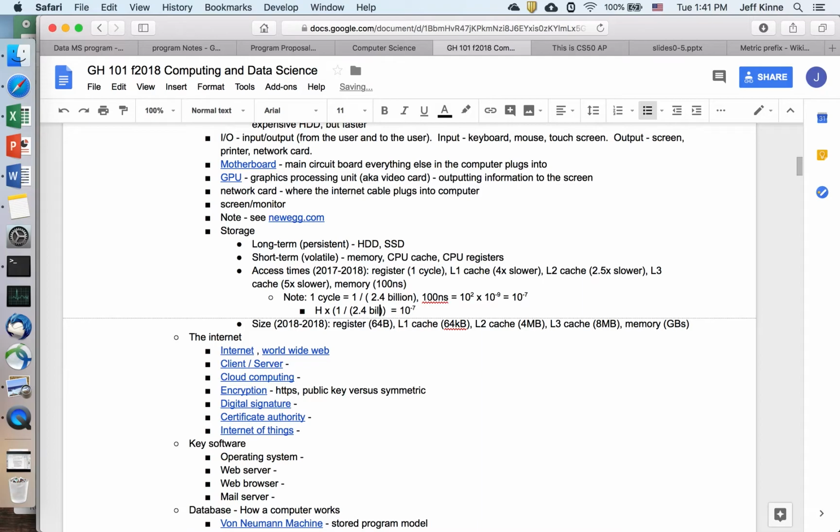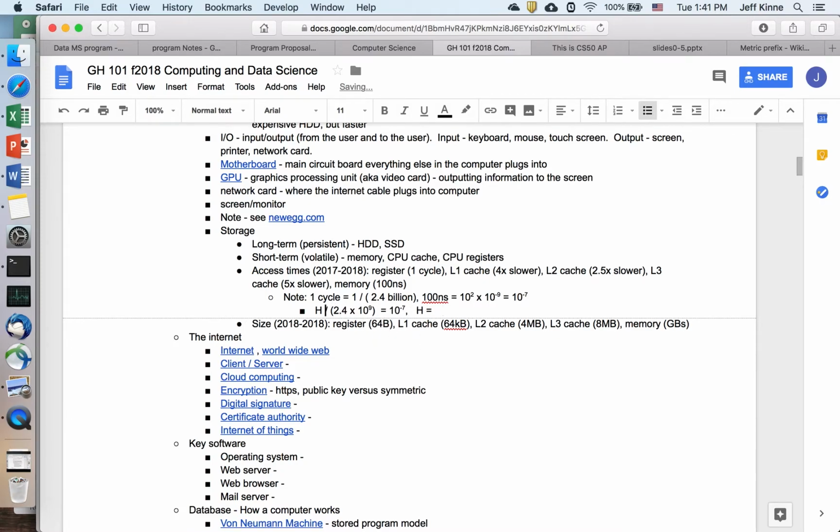Let's write this as 2.4 times 10 to the ninth. So we have h over 2.4 times 10 to the ninth equals 10 to the minus seventh. If we just multiply through, we need to multiply by 10 to the ninth to get it out of the denominator. If you don't like this, then write it down on paper.